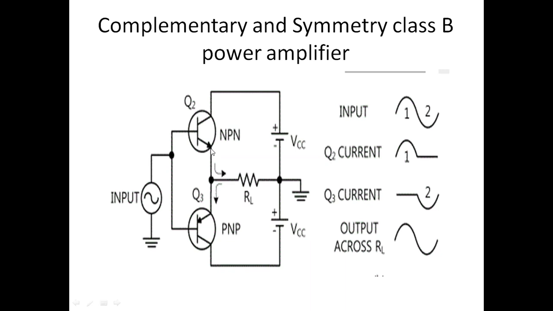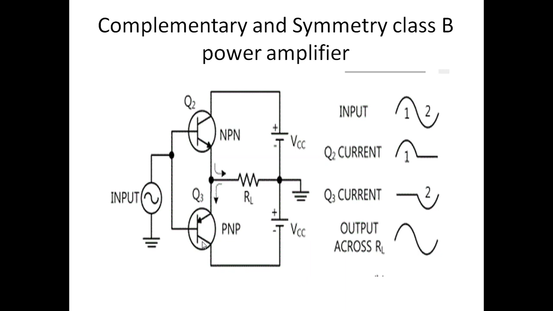NPN means the emitter and collector are made up of N-type material, whereas in PNP, the emitter and collector are made up of P-type. In N-type, the majority charge carriers are electrons, whereas in P-type the majority charge carriers are holes.